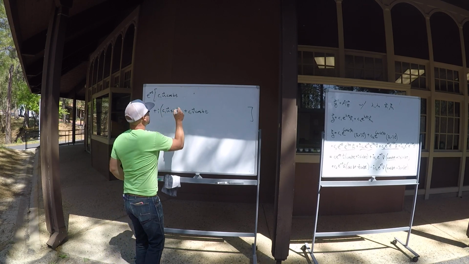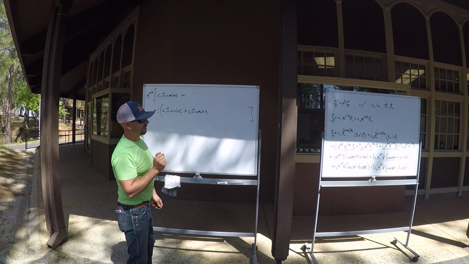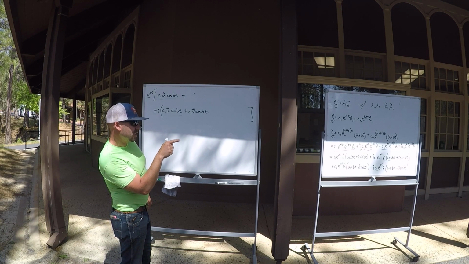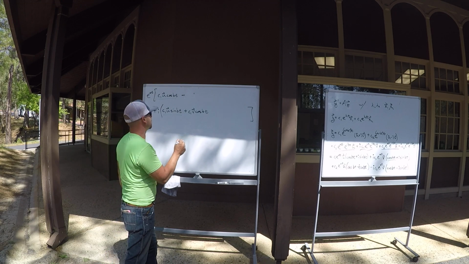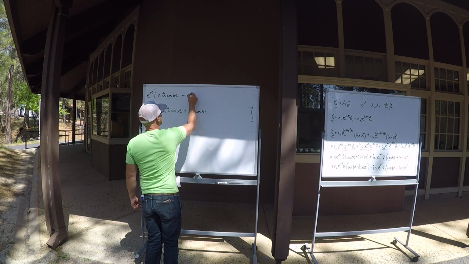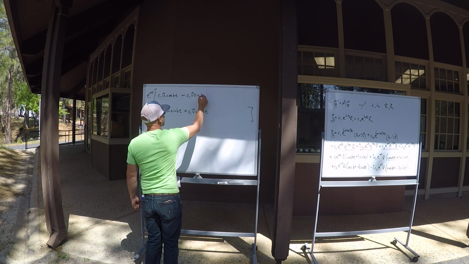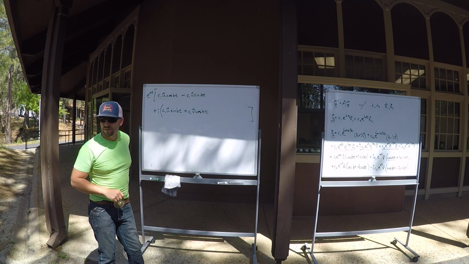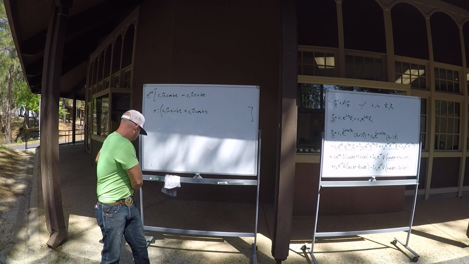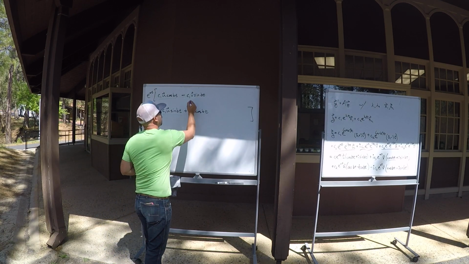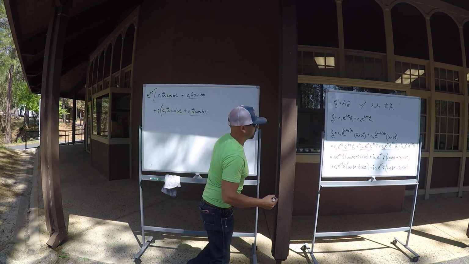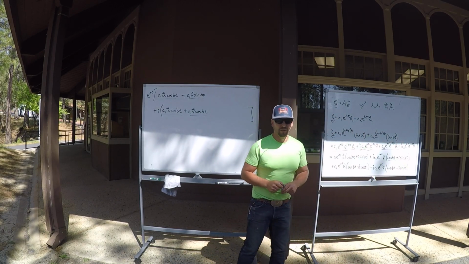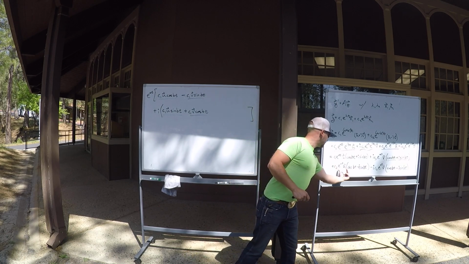So I've got a negative C1 V sine of BT. Purple thing, second purple thing done.